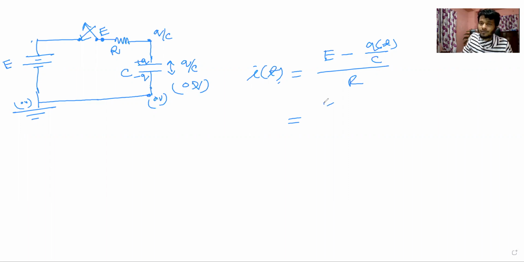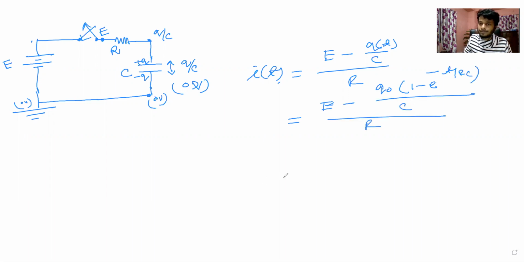So now we can replace Q(t) by Q naught (1 minus e to the power minus t upon RC), upon C, all divided by R. Can you tell me, Q naught equals what?